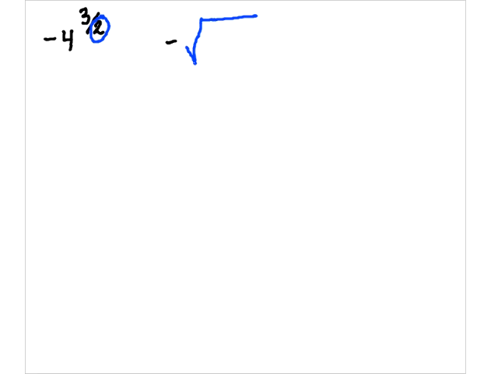The negative's on the outside because it's not in parentheses. And then you could do one of two things. You could do 4 to the 3rd on the inside, or you could do negative square root of 4 to the 3rd power on the outside. I prefer the second way.